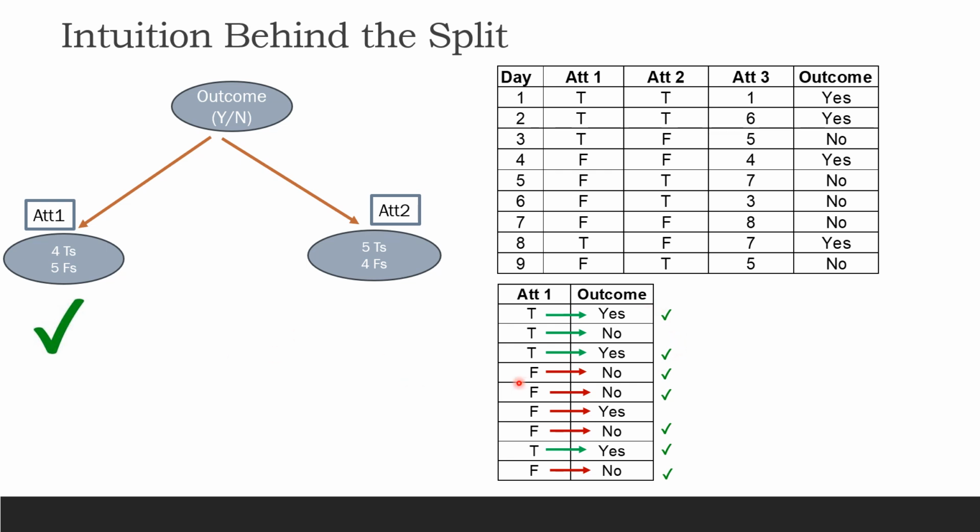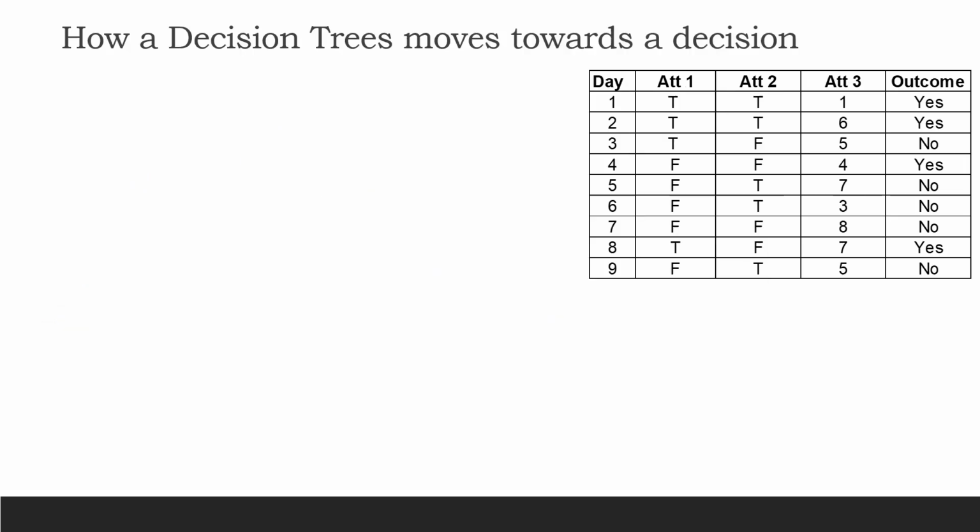And similarly, there are five falses, which are also leading us towards a no. So there is some parity between the target variable and attribute one. We see that there is some link, and attribute one is better capturing that link through the matrix that we have just used in the previous slides. So this is the intuition behind that split: why attribute one gave us better results, and why we chose attribute one as a starting point for the splits.